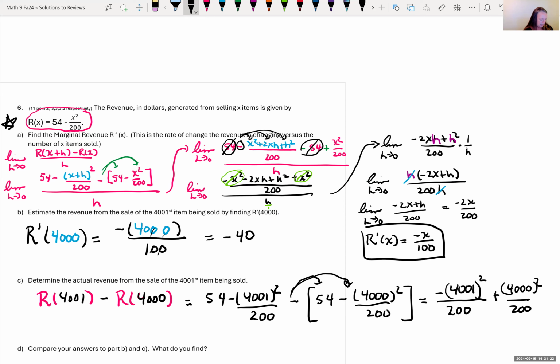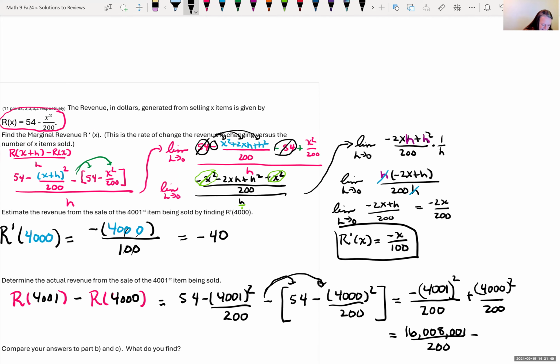So if I look at 4,001 and square it, I get 16,008,001 all over 200 minus, so if I square 4,000, well, 4 times 4 is 16, and then I'm going to have 6 zeros. So that gets me 16 million over 200.